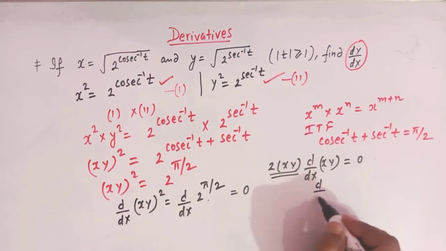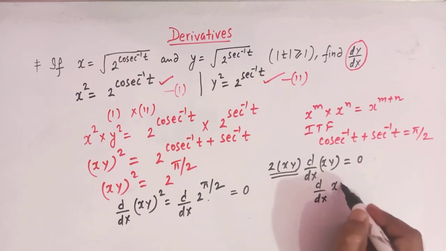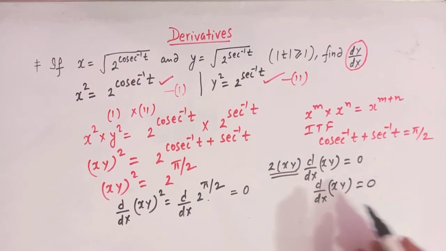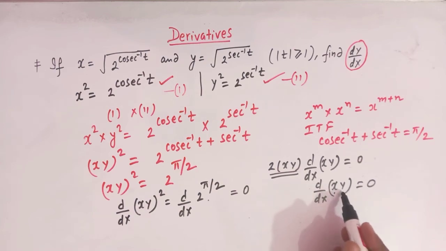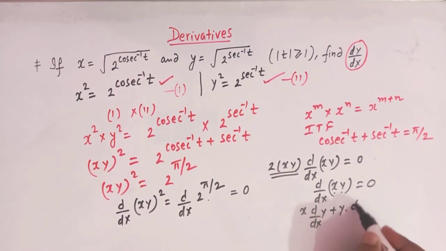So we are left with d by dx of xy is equal to 0, and now we can use the product rule here. So this is the first function, this is the second one. So we have x, first function, derivative of second, then second, derivative of first, and this is equal to 0. So the derivative of x with respect to x is 1.